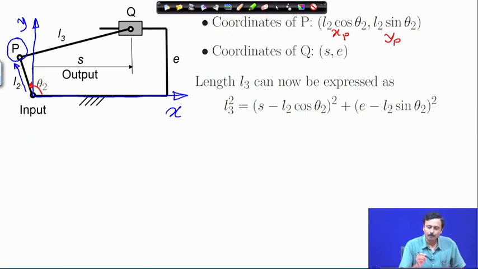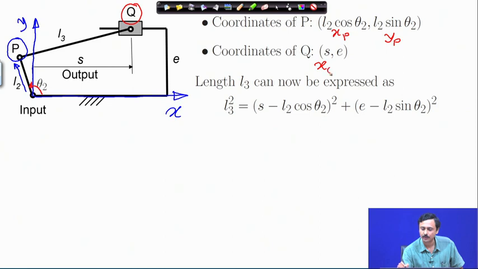Now, coordinates of point Q, which is this hinge on the slider. So, that is, in this coordinate system, it is S in the x direction.